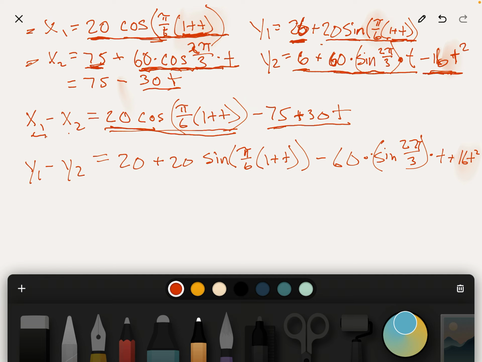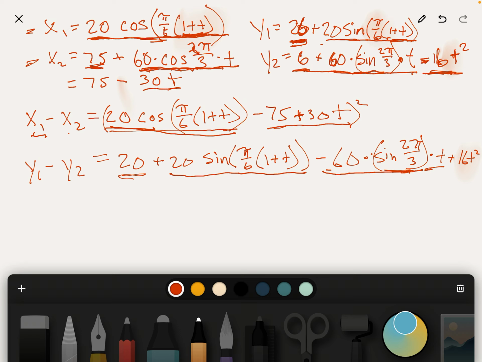Okay, so we're going to put that into the graphing calculator and square it, and then we're going to add y1 minus y2 squared. y1 minus y2 is 26 minus 6, that's where the 20 comes from. And then you just bring this down, and then you subtract 60 times the sine of 2 pi over 3 times t.